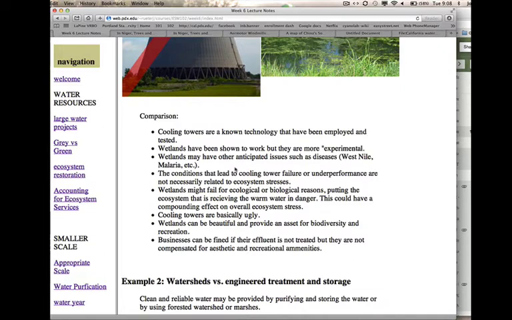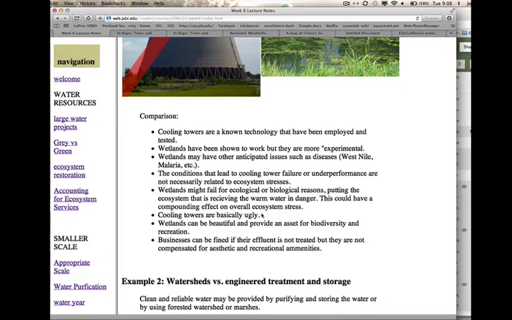So those are more likely to be tied than, say, an engineering structure. You could have the wetlands fail because of ecological or biological reasons, and that would also have repercussions for the natural ecosystems you're trying to protect.